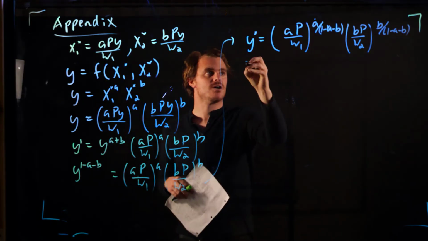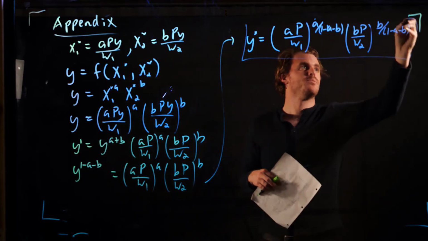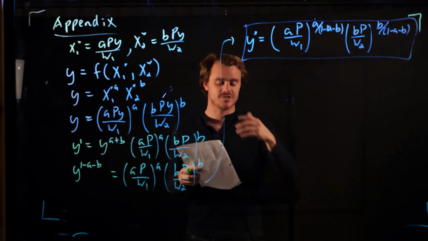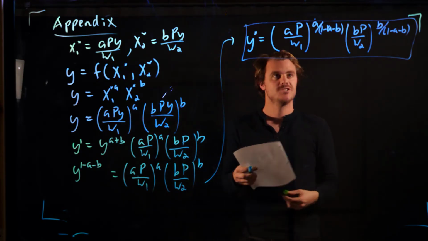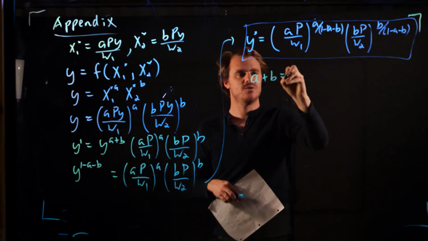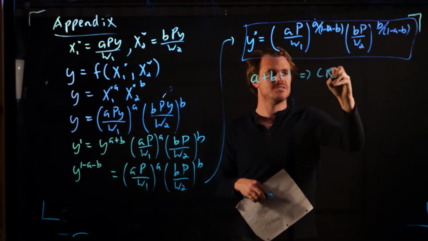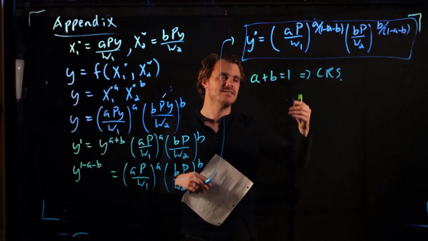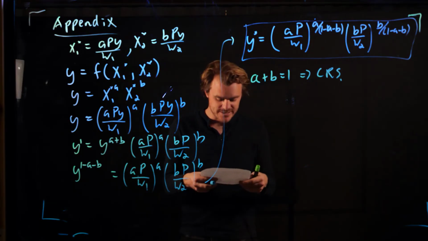And so this is our expression for the optimal amount of output in this kind of general Cobb-Douglas framework. So notice it's undefined if A plus B equals 1, which is constant returns to scale. We actually have this undefined output. And that's because it doesn't matter with Cobb-Douglas.